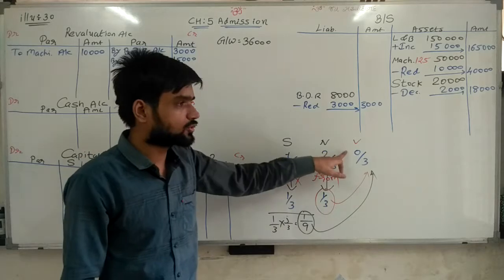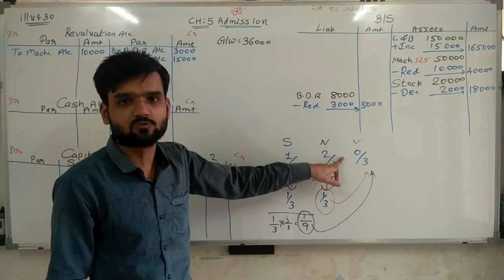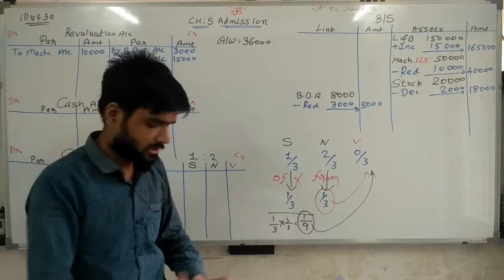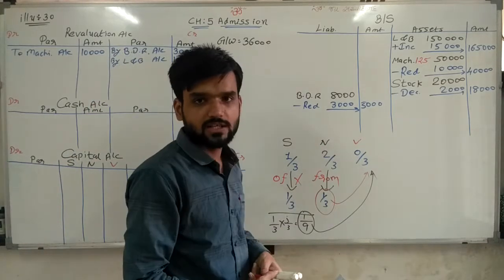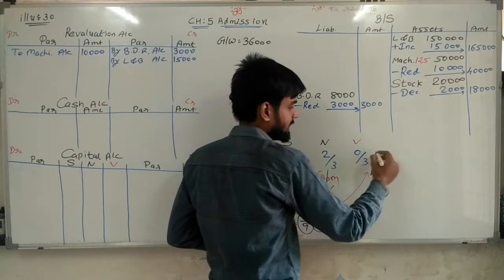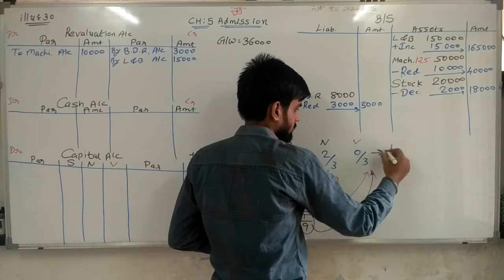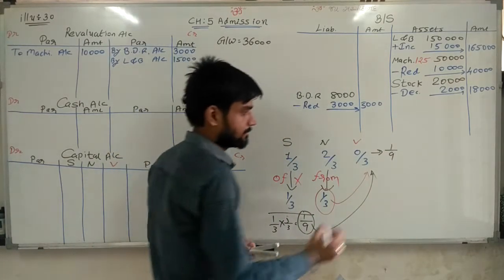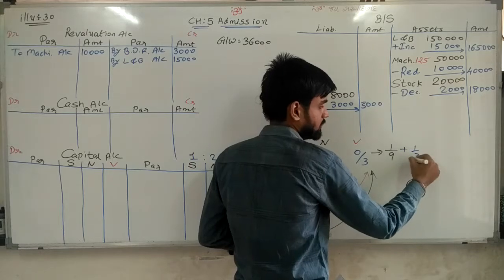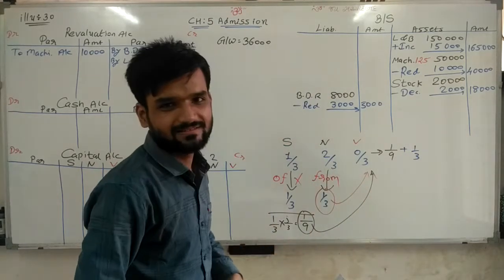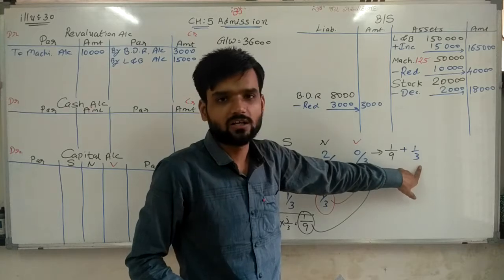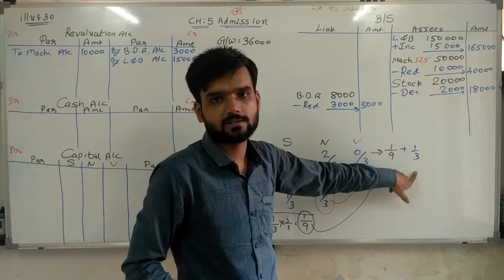Now total ratio received by Vijay is what? So 1/9 plus 1/3. So I am finding Vijay's ratio. Vijay gets 1/9 plus 1/3. Now we can directly calculate. Here the denominator is 9, here 3. So make it the same first.